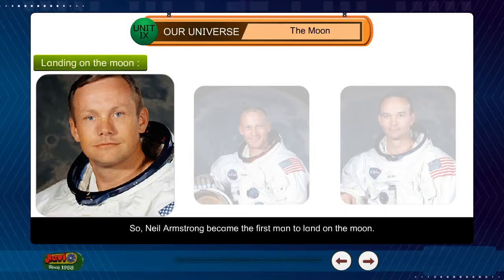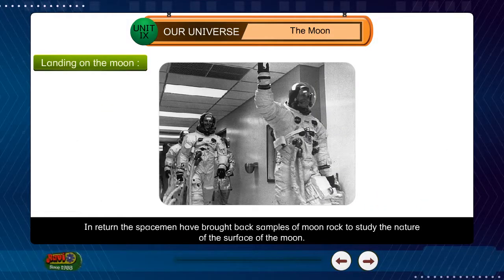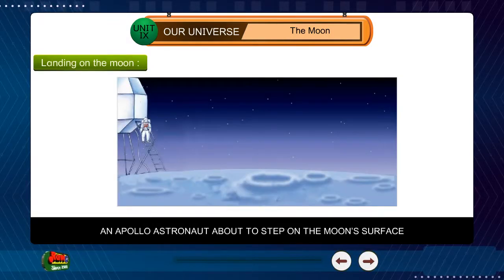So, Neil Armstrong became the first man to land on the moon. In return, the spacemen have brought back samples of moon rock to study the nature of the surface of the moon. An Apollo astronaut about to step on the moon's surface.